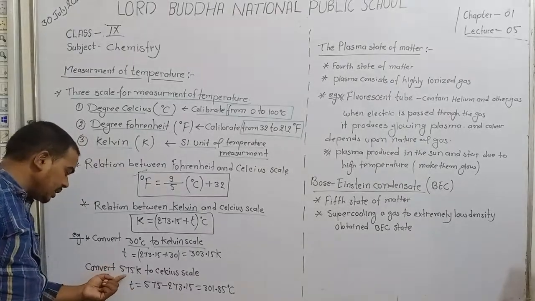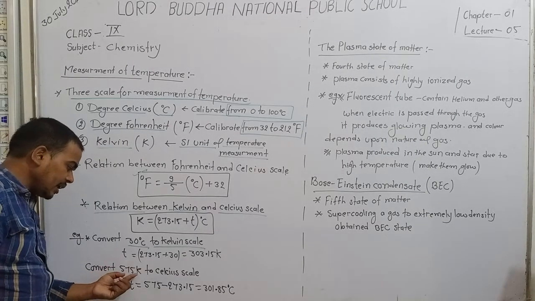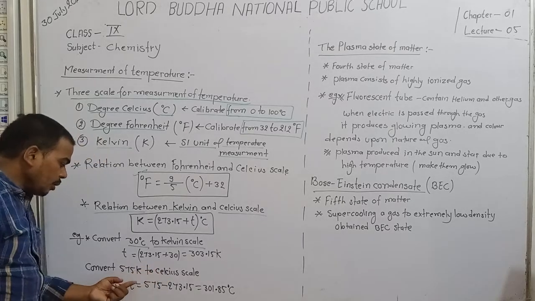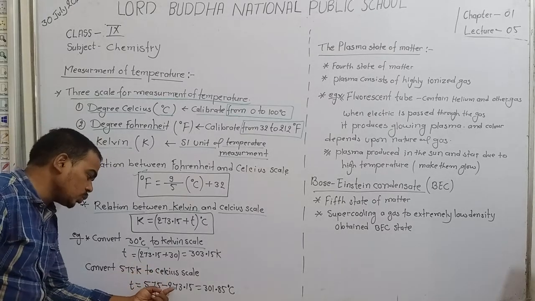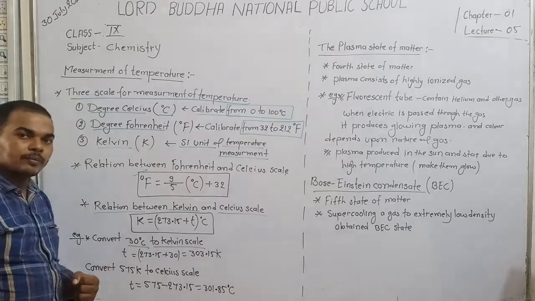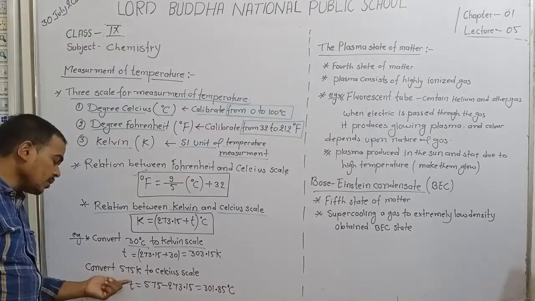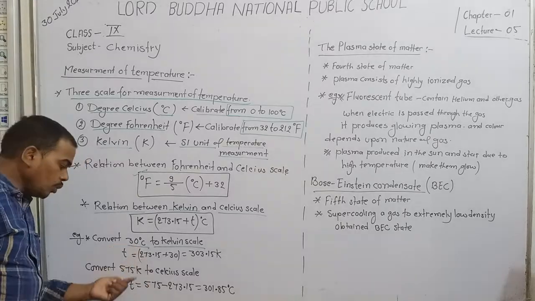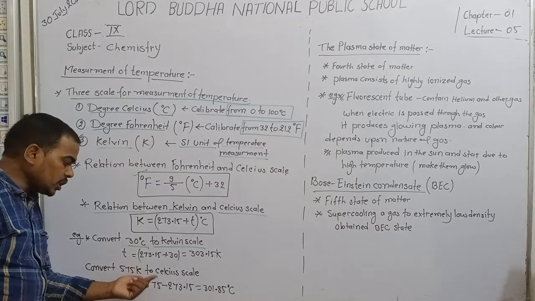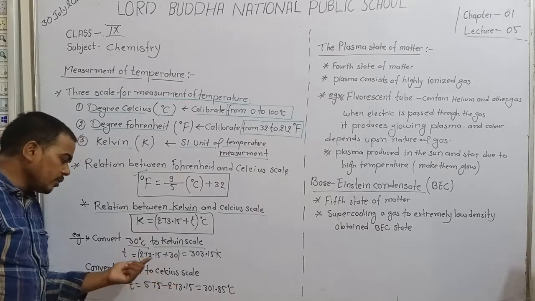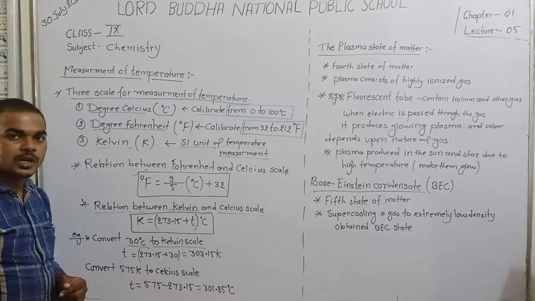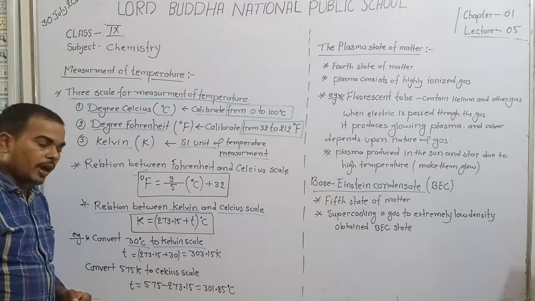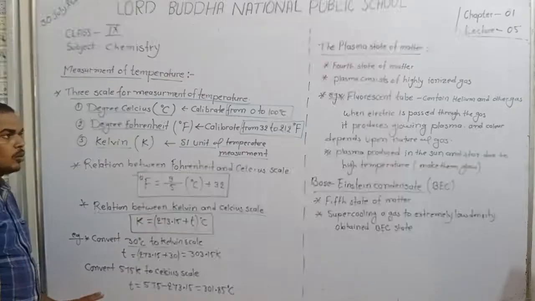Here 575 is in Kelvin, so 575 minus 273.15. Always remember, for converting Kelvin into Celsius, you subtract 273.15 from the Kelvin. So the answer is 301.85 degree Celsius.